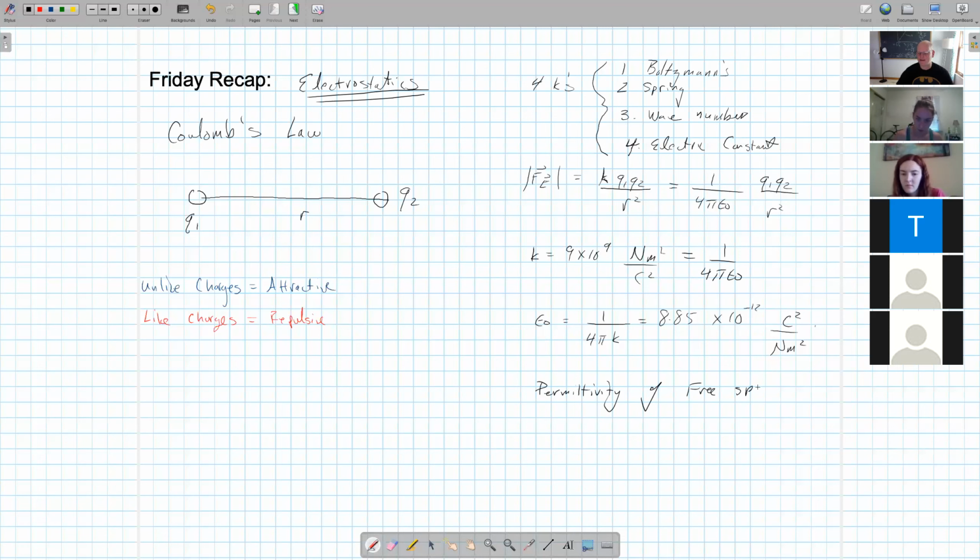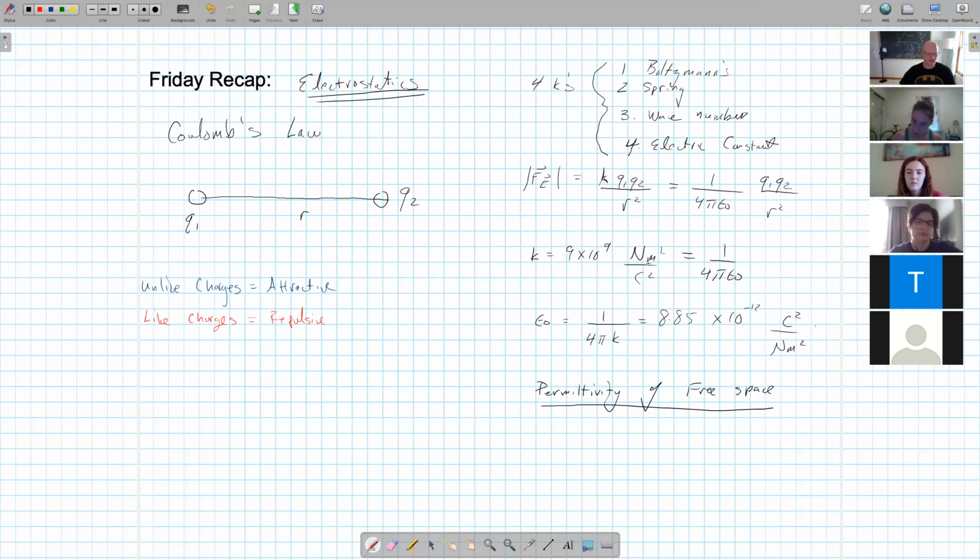We're going to use this quantity a lot, as you'll see in the future, so I'm just going to write it down. It's defined as 1 over 4 pi times K, which has a value of 8.85 times 10 to the minus 12 Coulomb squared per Newton meter squared, where K itself has a value of 9 times 10 to the 9th Newton meter squared per Coulomb squared.